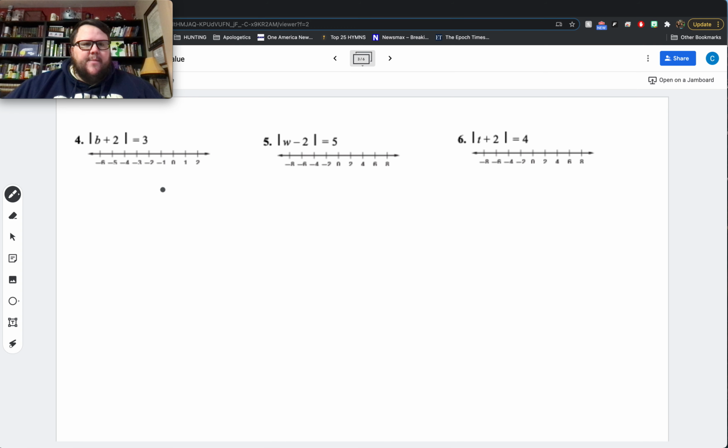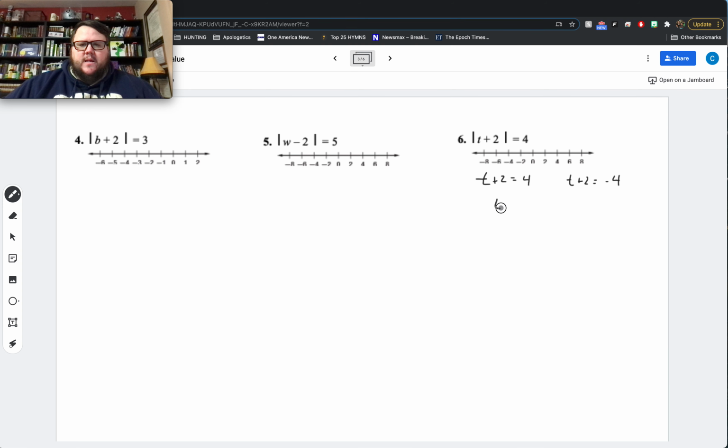Same thing here: b plus 2 equals 3, b plus 2 equals negative 3, w minus 2 equals 5, w minus 2 equals negative 5, t plus 2 equals 4, and t plus 2 equals negative 4. So you're setting up two equations. Then you solve those.